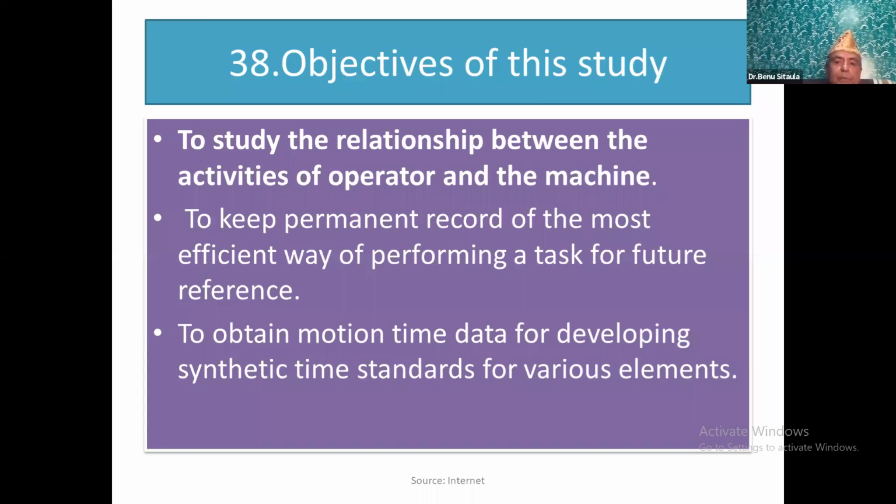Similarly, to keep a permanent record in the most effective way of performing a task for future reference, it is necessary for the researchers to use memo motion study. Similarly, to obtain motion time data for developing synthetic time standards of the various elements, it is necessary to use memo motion study.